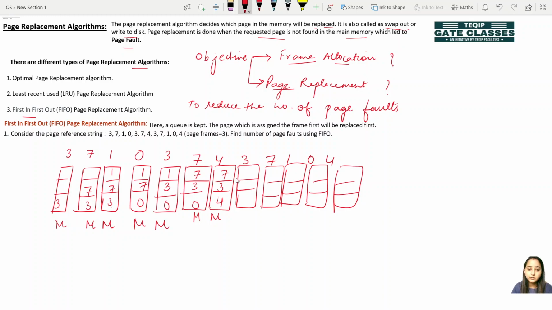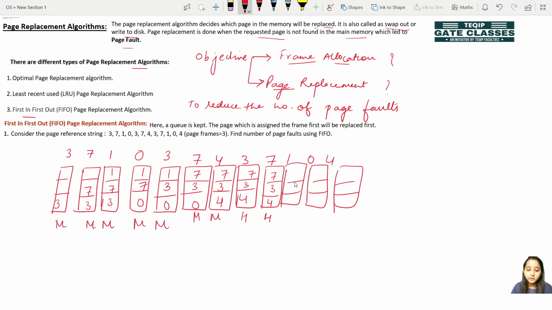Now 3 came, and 3 is already present here, so a hit occurs, because we don't need to replace anything; it is already in the frame. Next, 7 is also already in the frame, so here also a hit occurs.